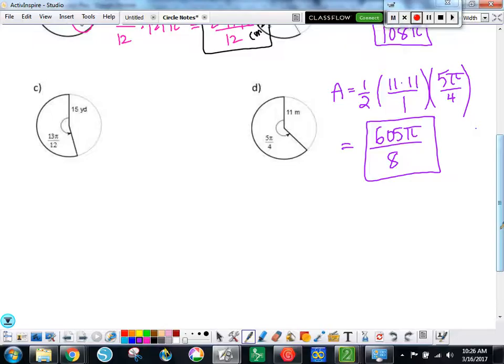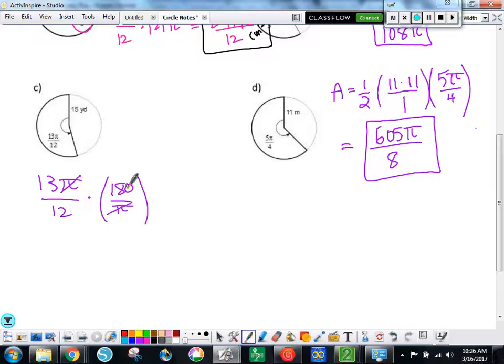So this one, if I want to change it to degrees, 13 pi over 12, how do I change that to degrees? Multiply it by what? Let me do the pi. So the pi's cancel. Then 13, oh, is anything canceled from here?